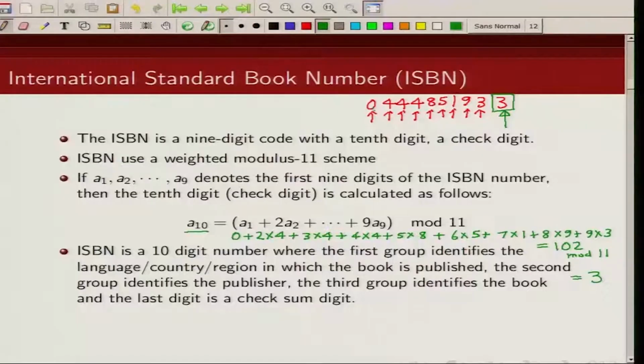So, for example, this is 0444851933. If it is read like 4044851933, that means these two bits are changed. This is transposition error. Then this particular code can detect such errors.